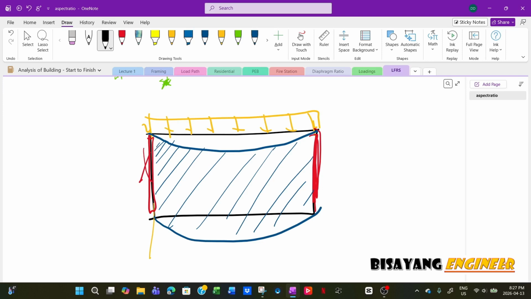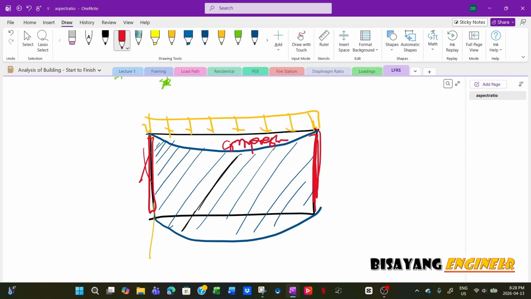Some codes will ask you to determine first if it's a flexible, semi-rigid, or rigid diaphragm. It has something to do with deflection. But in some codes, you can always assume all wood frame diaphragms will be flexible diaphragms.